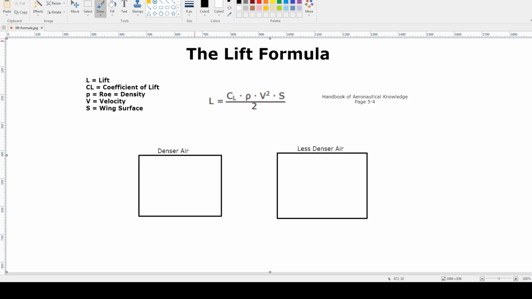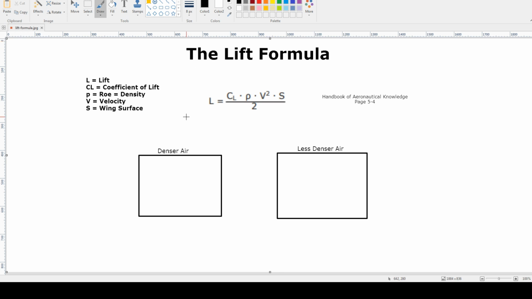Let's come back to density for a moment. Density is important because the air molecules around our airplane are interacting with our airfoil. Therefore, the more air molecules are present at one given time, the more interaction there is with our airfoil.